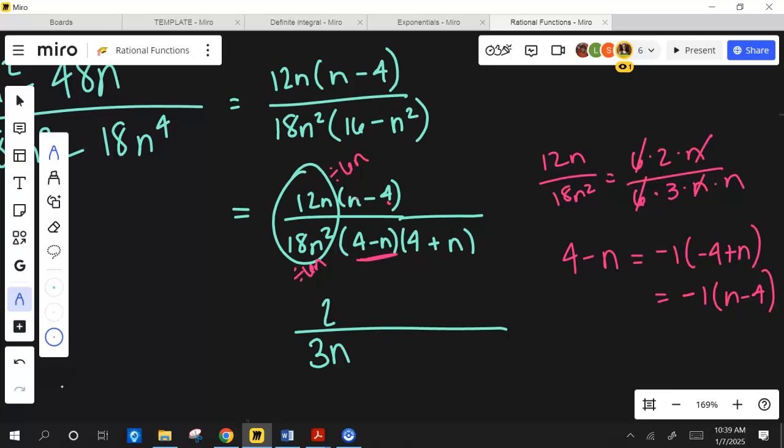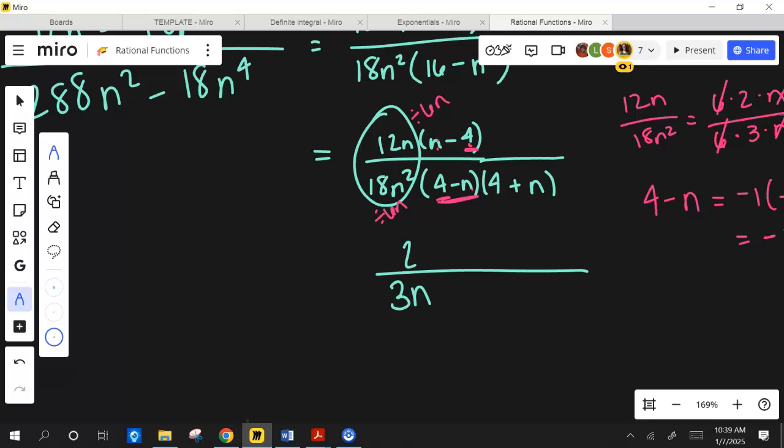Every sign is opposite. So the n is positive, the n is negative. The 4 is negative, the 4 is positive. Okay? Every sign is completely opposite. If that happens, it doesn't matter what you're looking at. If that ever happens, if I had x squared minus 3x plus 2 over negative x squared plus 3x minus 2, that's just going to give me negative 1.